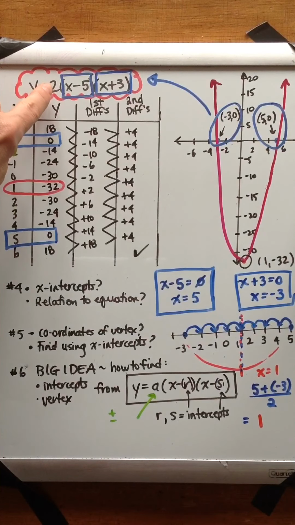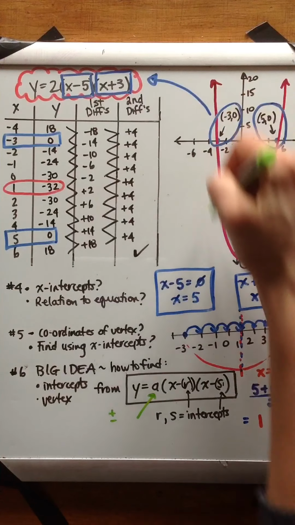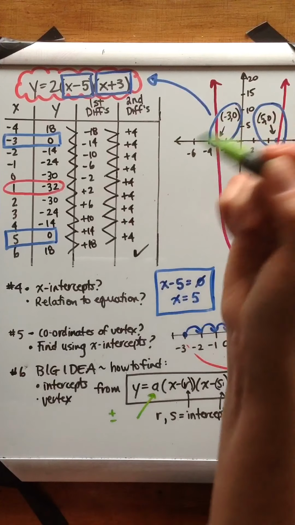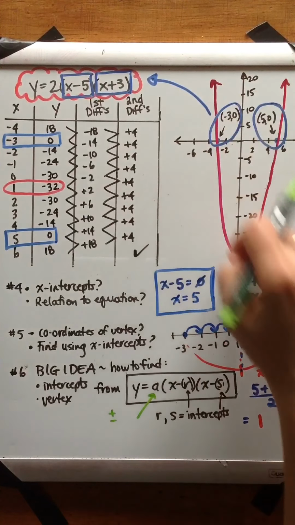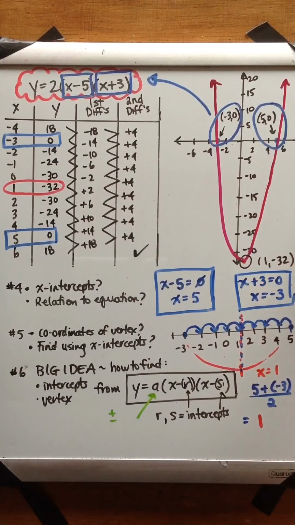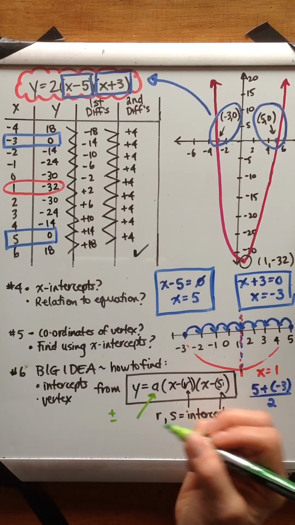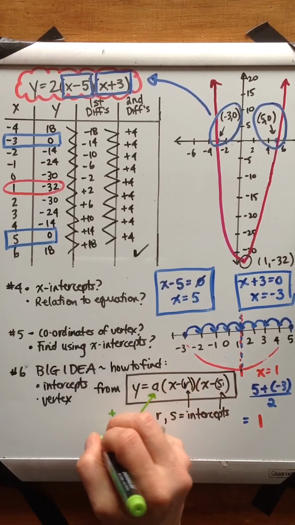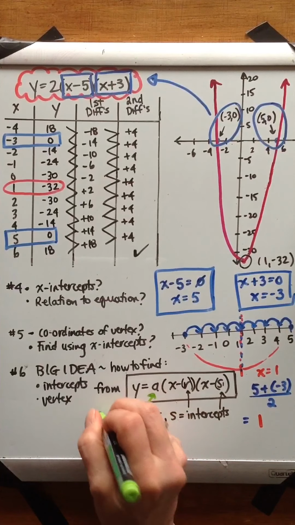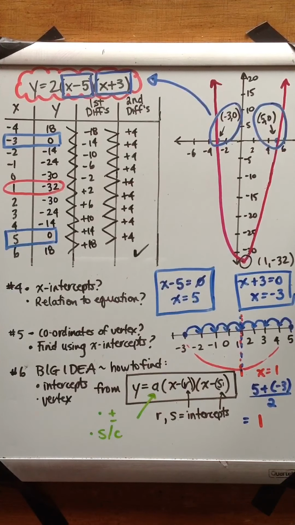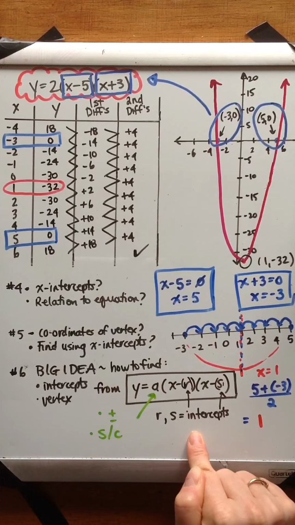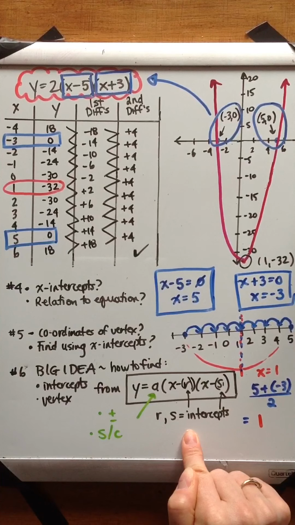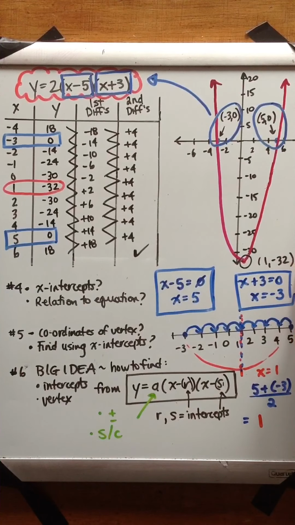And because it's not a value of 1, it has a stretch factor, and you find when you graph this, even despite the increments you count, this is a more narrow parabola or stretched parabola compared to y equals x squared. So we can see that it's upward, and we can see if it has a stretch or compression factor. So there's a lot of good information that comes directly from inspection of a quadratic written in this form. The only thing it doesn't tell you directly is the coordinates of the vertex.